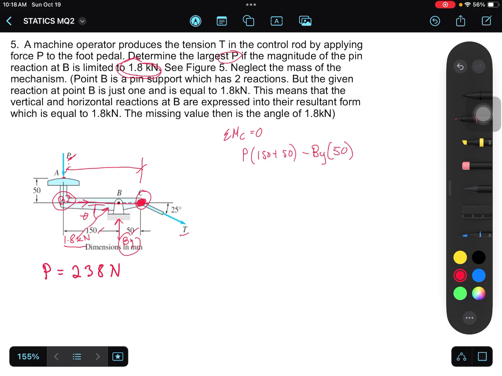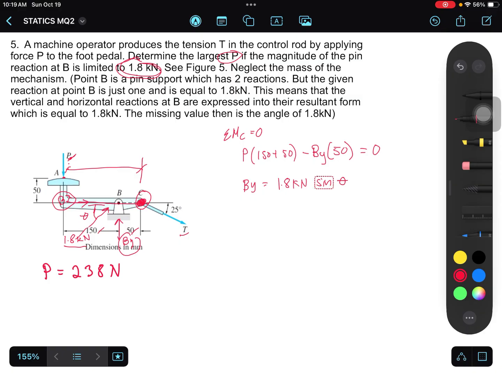Okay, 50. So, By. May iba pang force? Wala na. But By is unknown, so express natin siya in something na known siya. That is si 1.8. So, By is equal to 1.8 kilonewton sin theta.